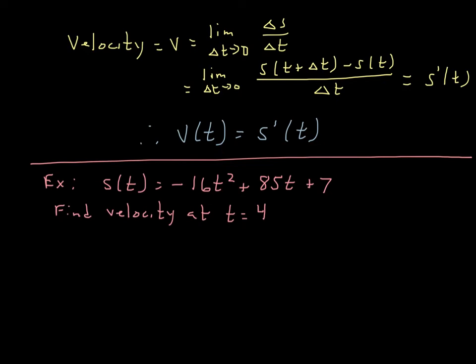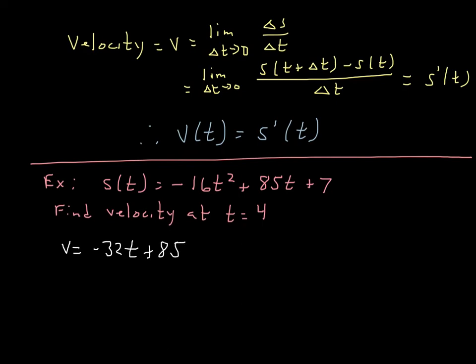One thing we do have to make clear on this one is that, based on this equation, the fact that I have a negative 16 does tell me that I am measuring my position in feet. So in this case, you should have come up with the velocity function v is equal to negative 32t plus 85. That's the velocity function.